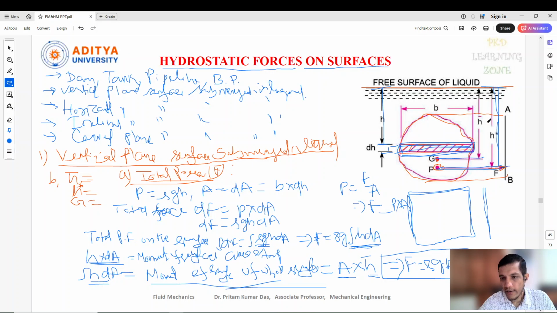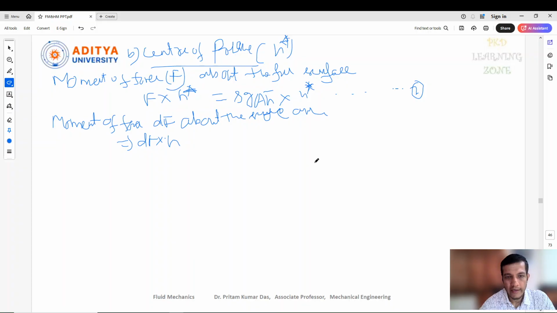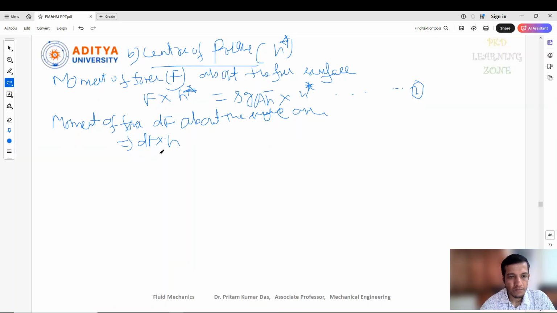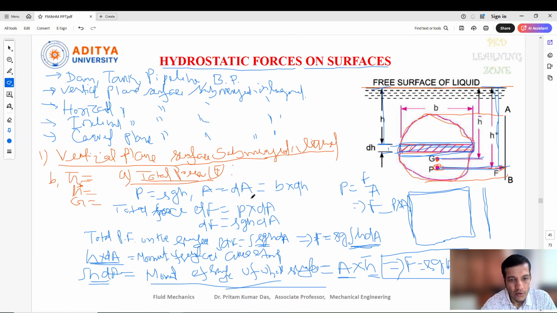Now when I consider this point, the center of pressure here, the height was h star, and when I'm going to calculate for this on a small strip, how much height is there and what is the area of that. Okay, so that is height, how much height is there, what is the height of this, and what is the force, the small force acting, the dF. So previously already we know that the value of dF is rho g h, this one. Let me show you here.